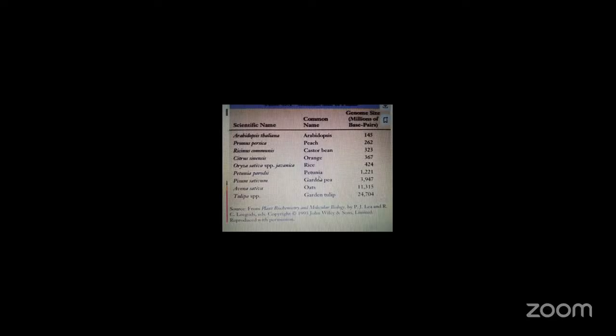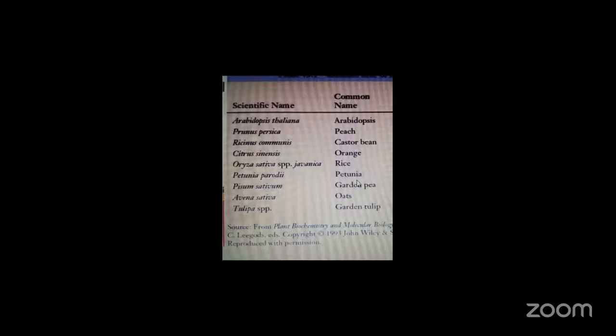This is the base pairs of different plant species: Arabidopsis, Prunus, Ricinus, Citrus, Oryza, Petunia, Pisum, Avena, Tulipa.